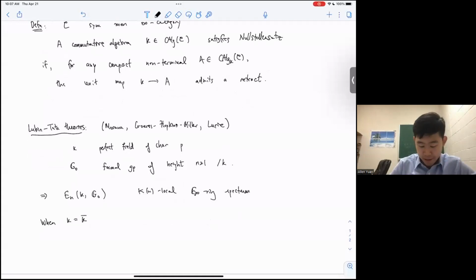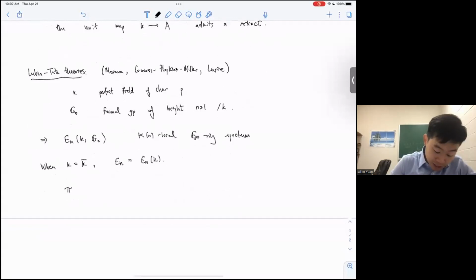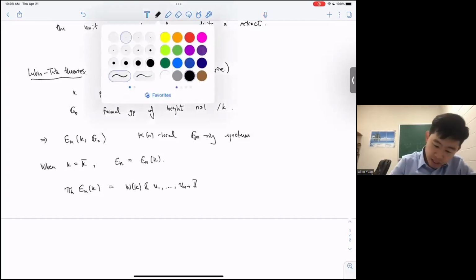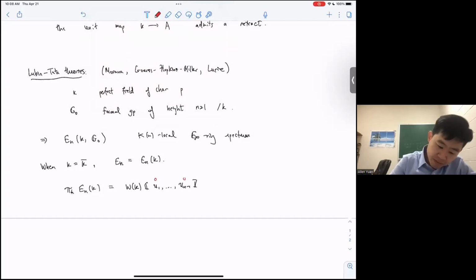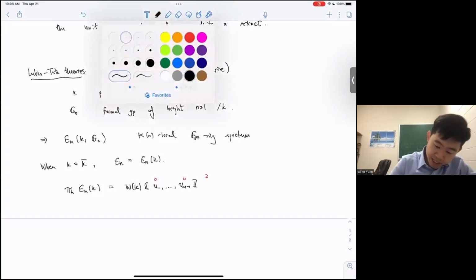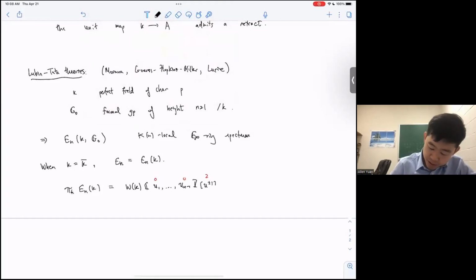And in this case, all formal groups of a given height are isomorphic, and so we won't display the dependence on the formal group, and we'll just say En is En of K. So in this situation, the homotopy groups of this object En of K are the Witt vectors of K adjoined n-1 power series generators, each in degree 0, and a single periodic generator in degree 2 called u.